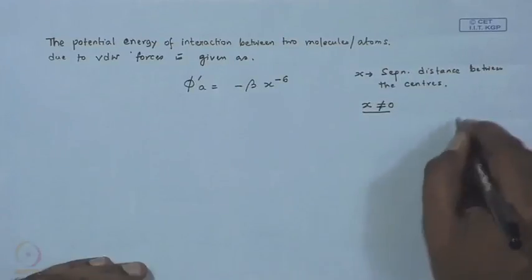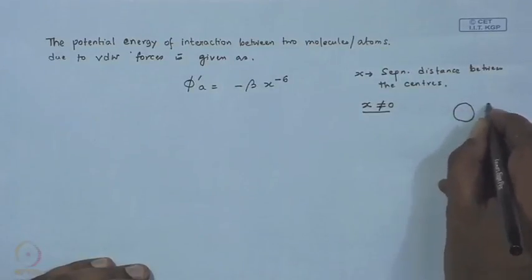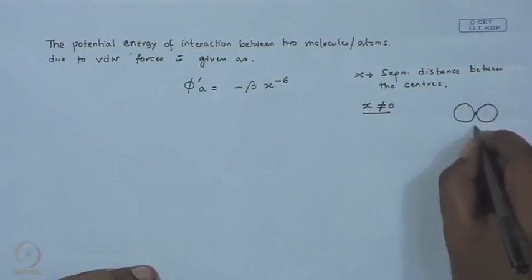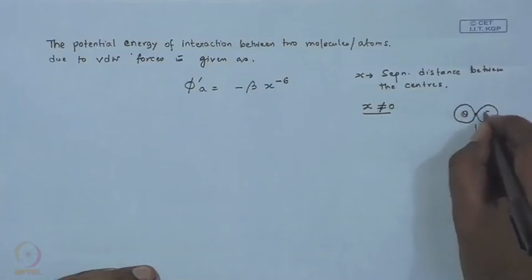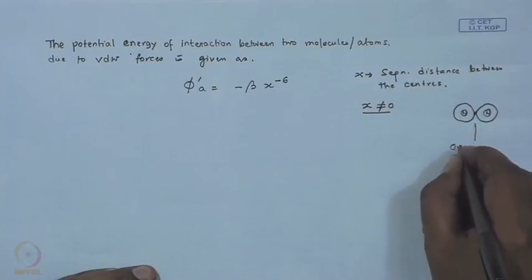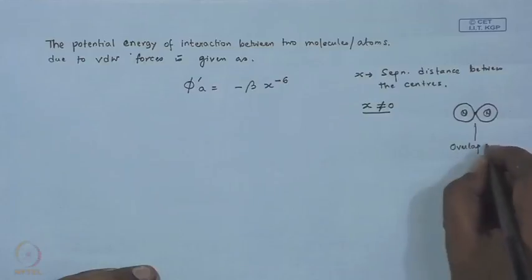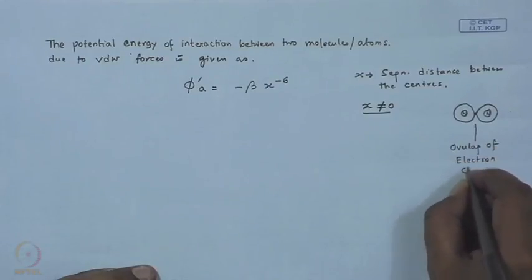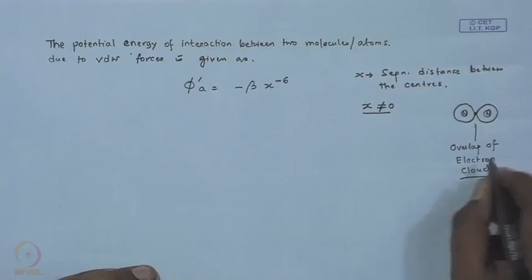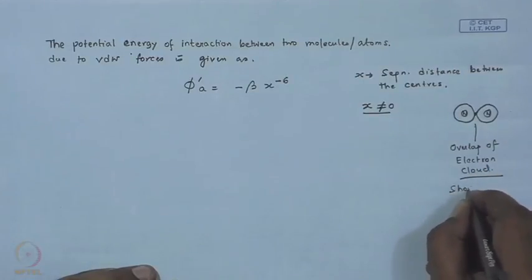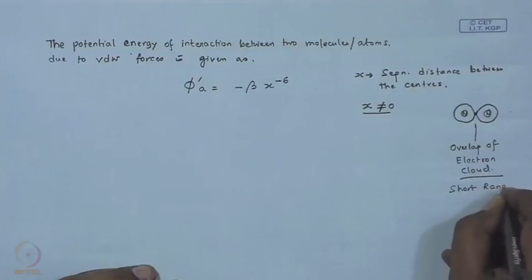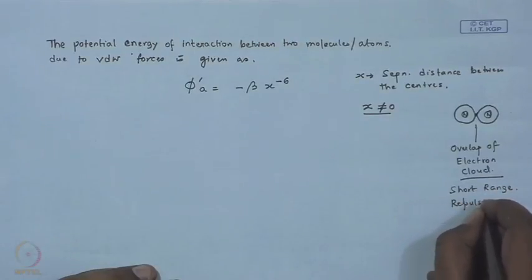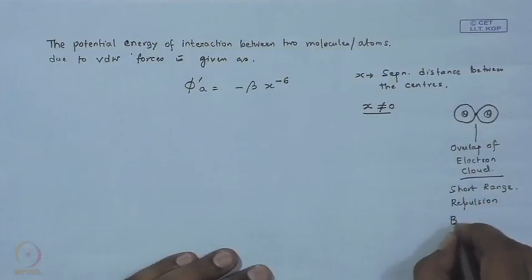So, as they come closer, their electron clouds first start overlapping, which gives rise to short range repulsion, which is also known as the bond repulsion.